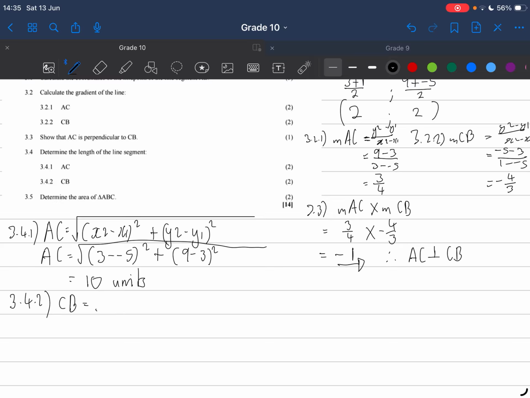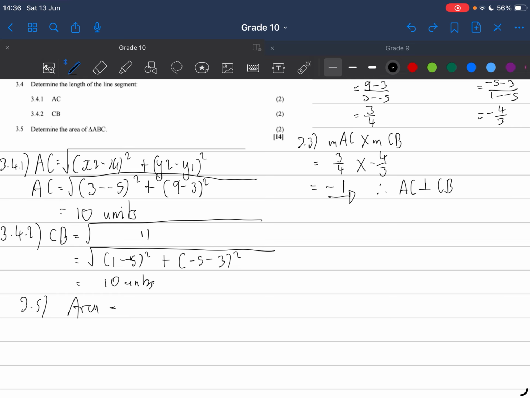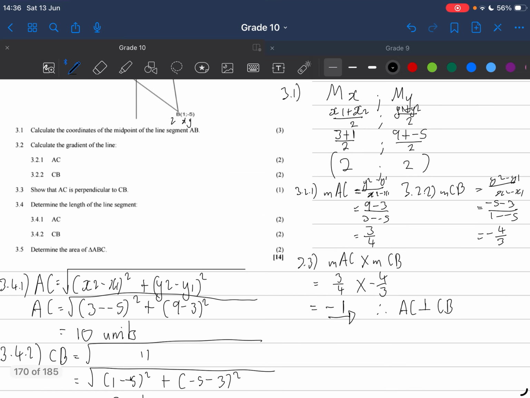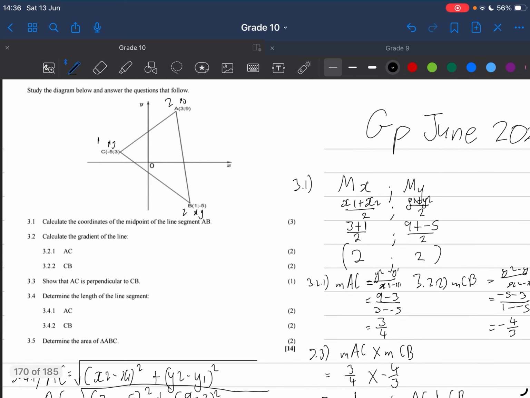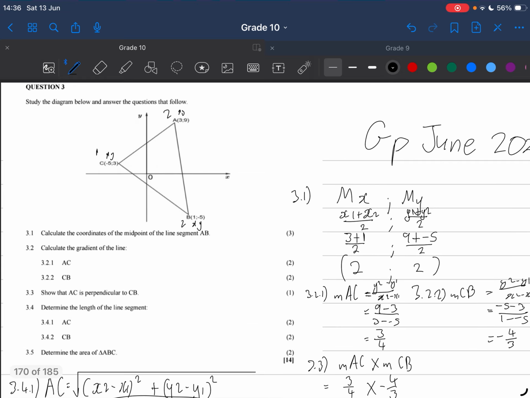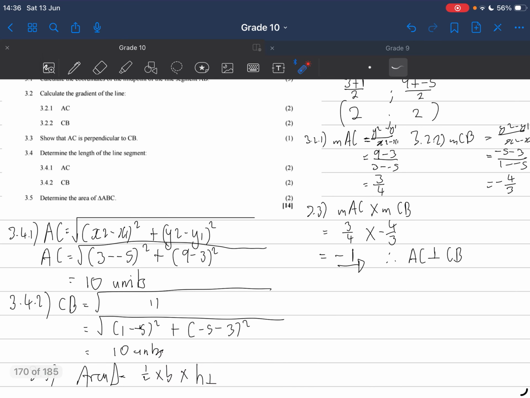And then they want you to determine the area of triangle ABC. So 3.5, the area of a triangle is equal to a half times base times your perpendicular height. So now let's look at this triangle. We've already shown that AC is perpendicular to CB. There's a 90-degree angle here.